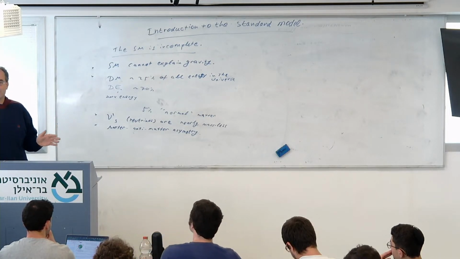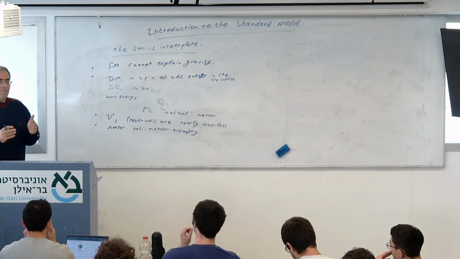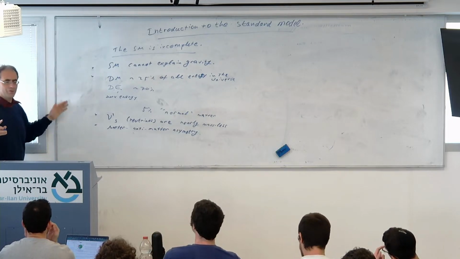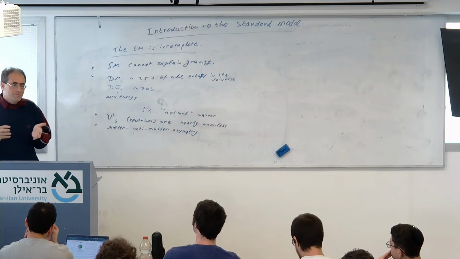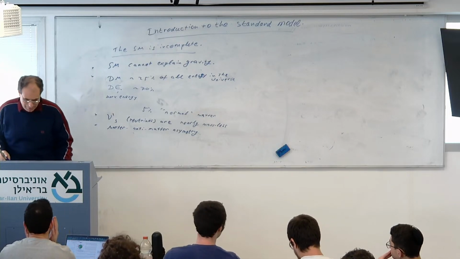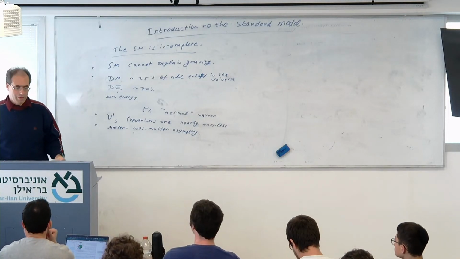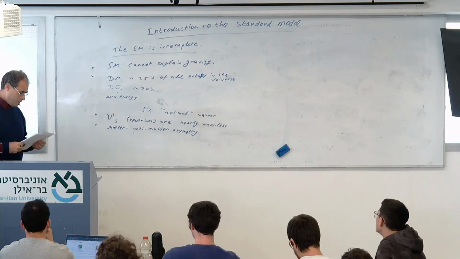We've never detected any evidence for antimatter anywhere in the universe, which means that something had to break the symmetry, because all the equations are completely symmetric between matter and antimatter. Why is that? What happened? How did it happen? And it's not within the realm of the standard model to explain that.